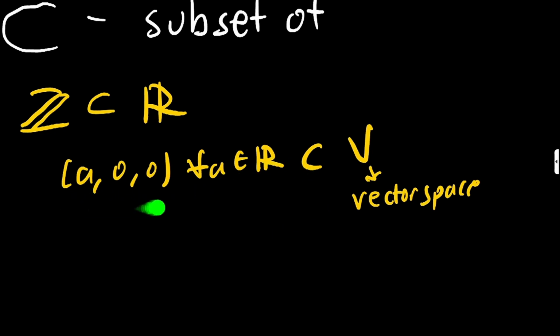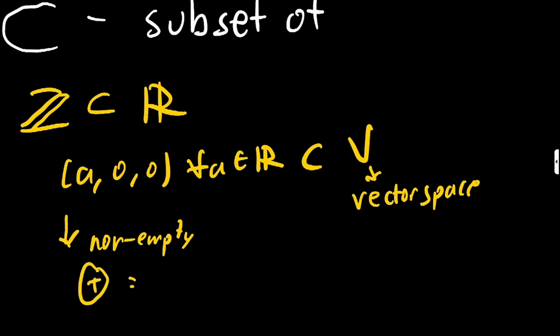Well, you can say that this is a subset of the vector space, and this is true because you would prove that this is non-empty, and then you would prove it for closure under scalar multiplication and addition. I'm not going to do the proof there. That's a little bit too much work for me. But the idea here is that we are allowed to say that this set of ordered pairs for any a value is a subset of a vector space because it satisfies the same conditions as a vector space.